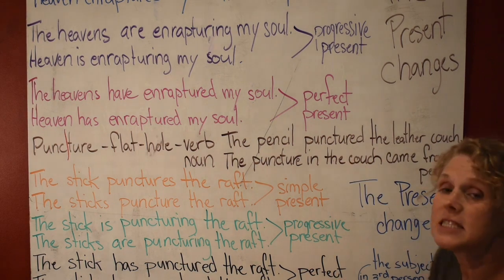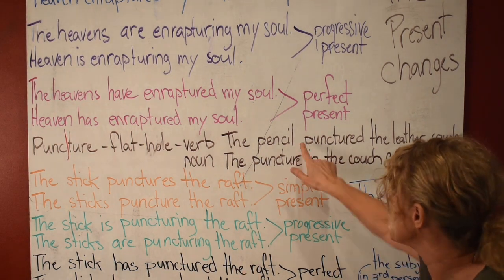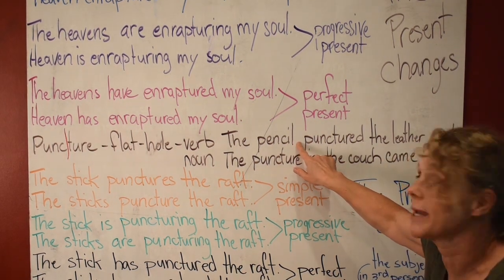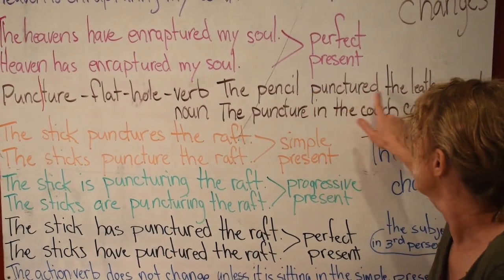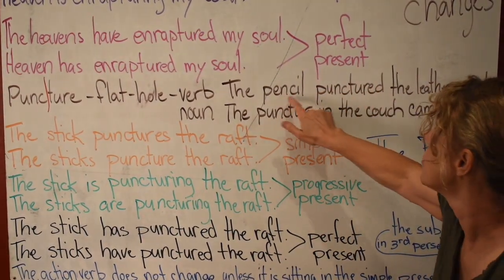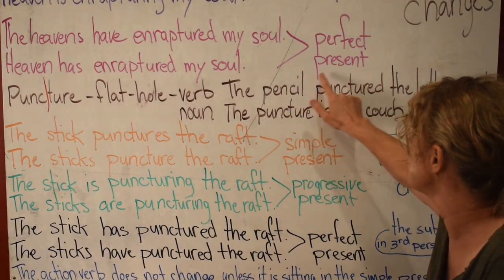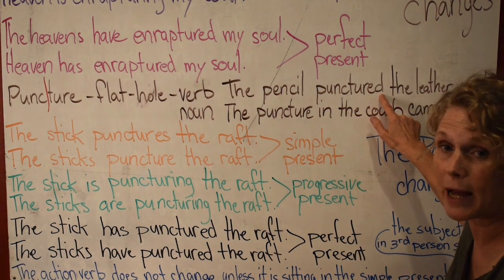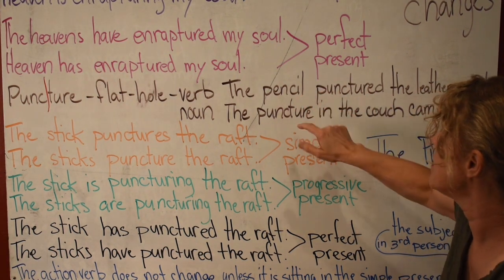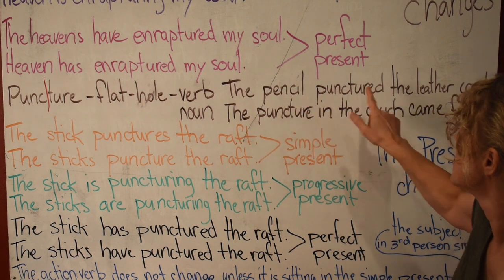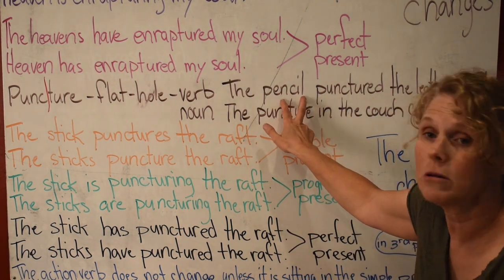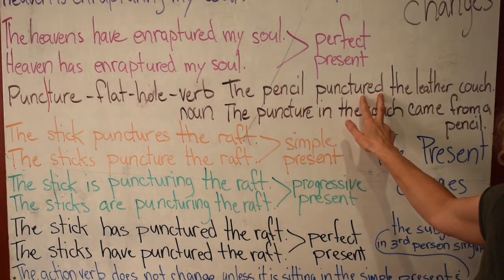Past tense. This is the simple past, because we do not have an auxiliary verb right here. So it doesn't change when you are trying to figure out your past. It could be the pencils. So this could be plural or singular using the same verb.